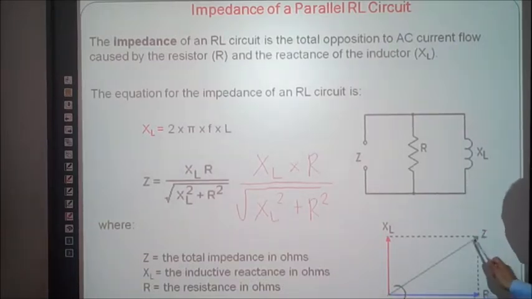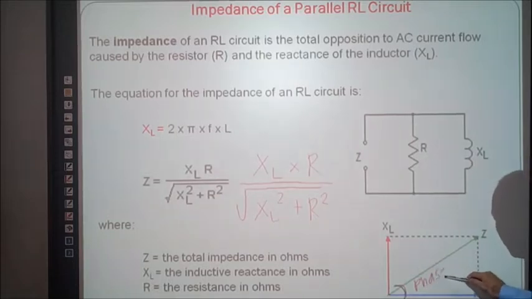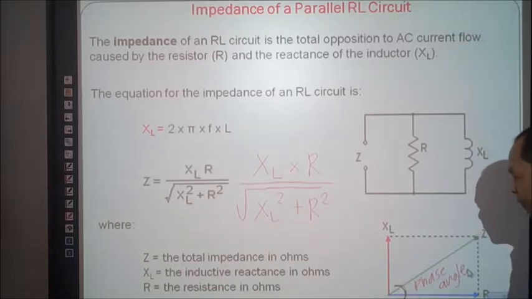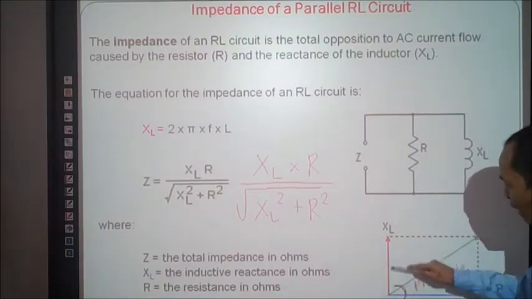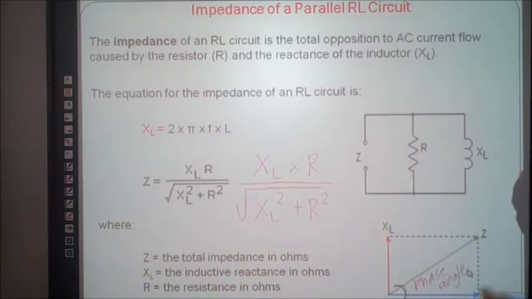Here in the center. And this one is called the phase angle. Later on we will solve for the phase angle. How? With the value of XL and the value of R. So X and Y axis.